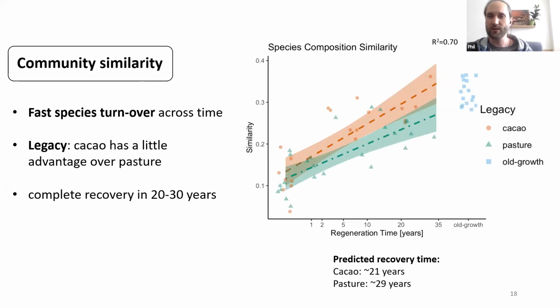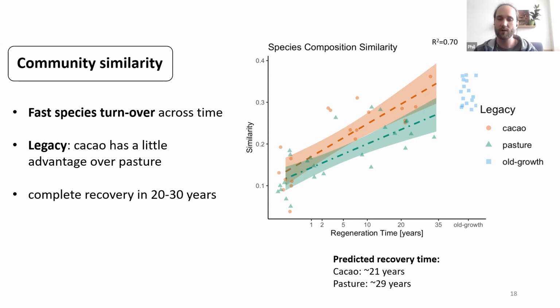Now let's look at the community composition. And this I find the most interesting. So we have really completely different ant communities in the agricultural areas, which are at year 0, basically. And we see a kind of fast species turnover.